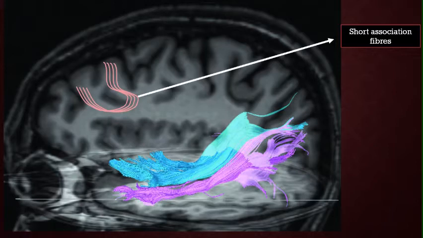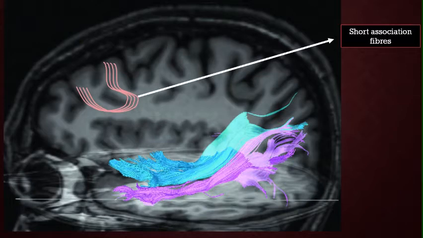The association fibers are the fibers which connect the gyri in the same cerebral hemisphere. When you take the two cerebral hemispheres, in each cerebral hemisphere we have so many gyri, and they are connected with each other within every cerebral hemisphere. When you take the left cerebral hemisphere, we can find the precentral gyrus and postcentral gyrus.